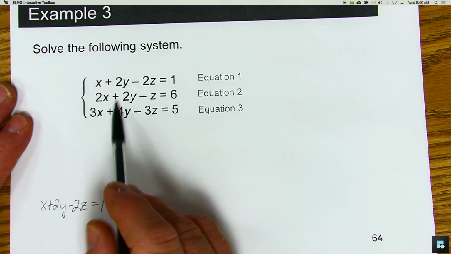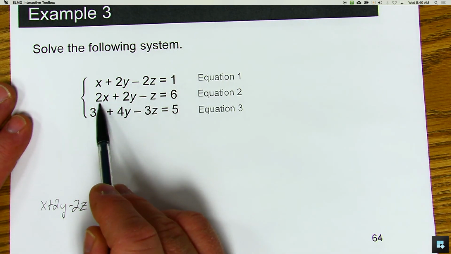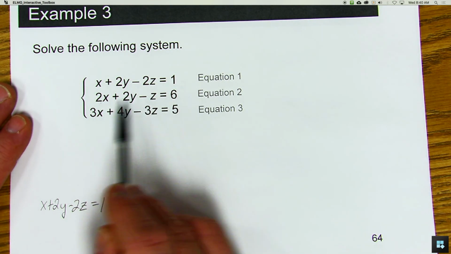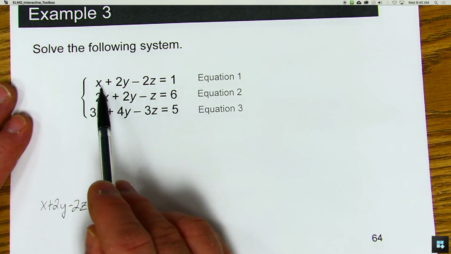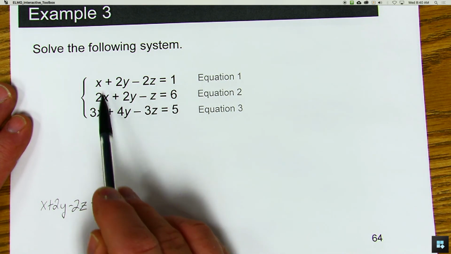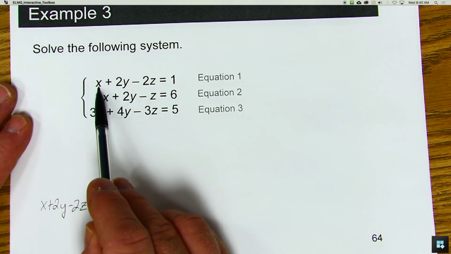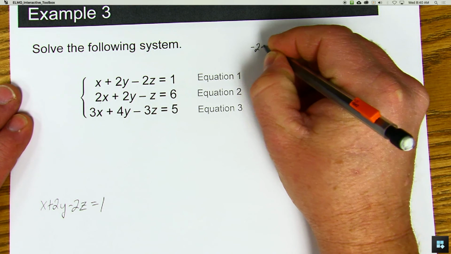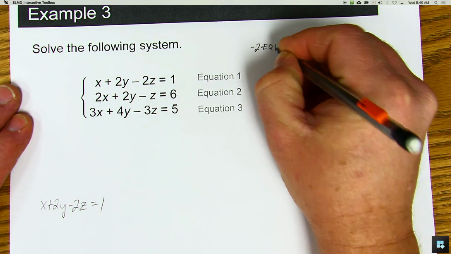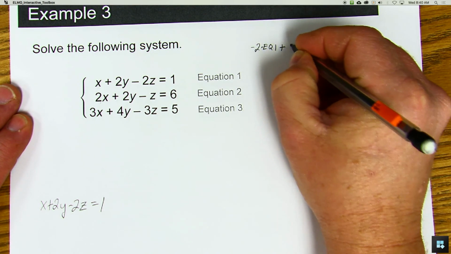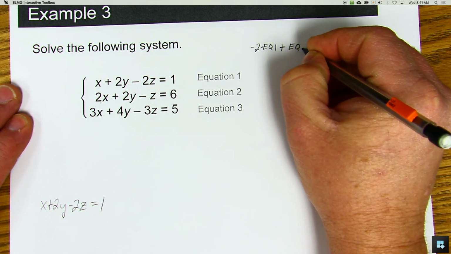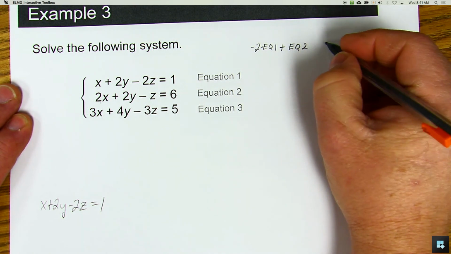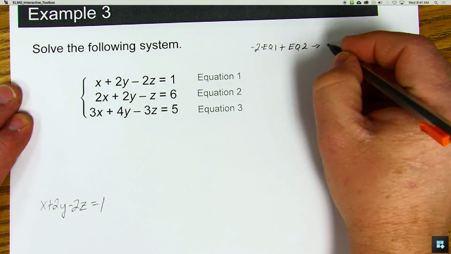Now I'm going to eliminate the x out of equation 2. The easiest way is to say, I have an x and I have a 2x. If I multiply -2 times equation 1, and then add that to equation 2, and replace equation 2 with whatever I get.